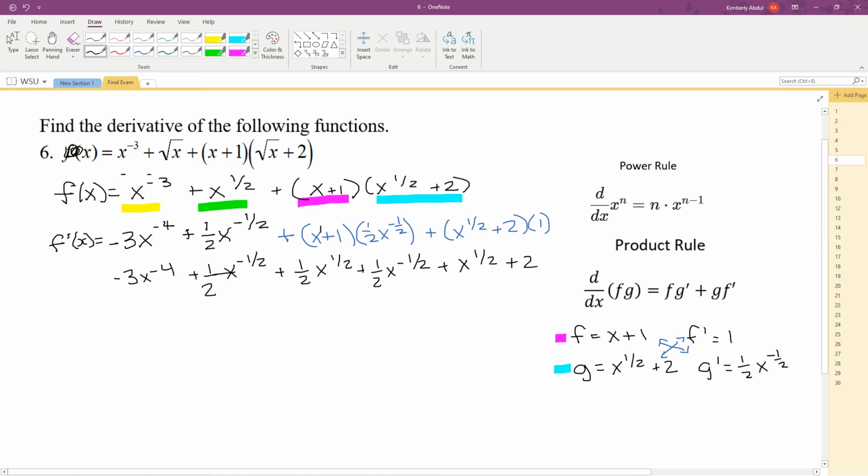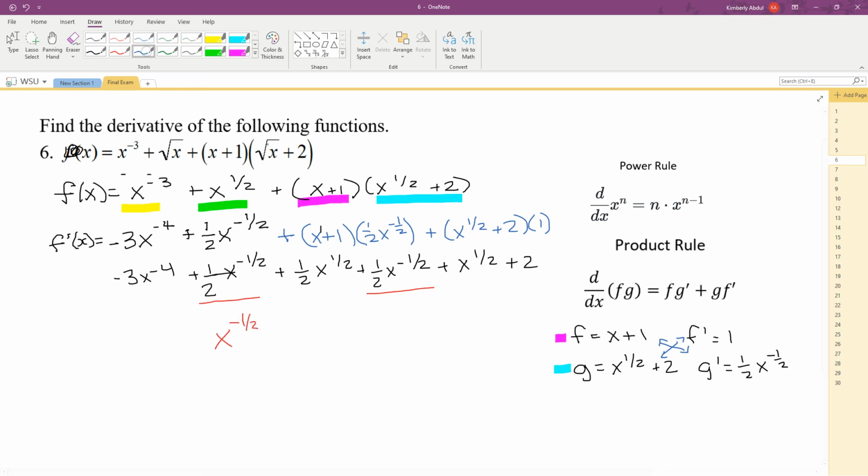Okay, so there's a whole bunch of stuff. You can see that there's some terms that we can combine. So we have 1 half x to the negative 1 half right here, and then we also have a 1 half x to the negative 1 half. So those are going to combine: 1 half plus 1 half is going to just be 1. So I'm going to have x to the negative 1 half for those ones.